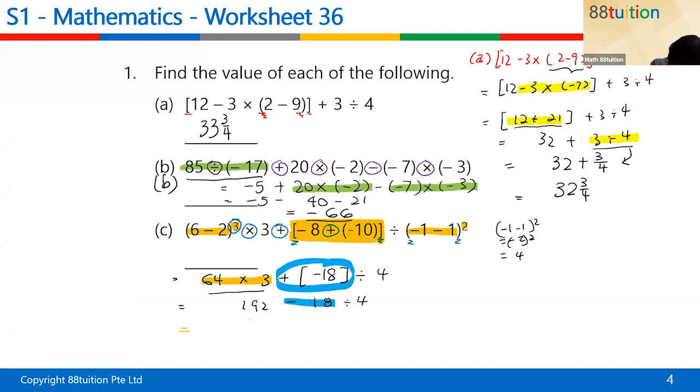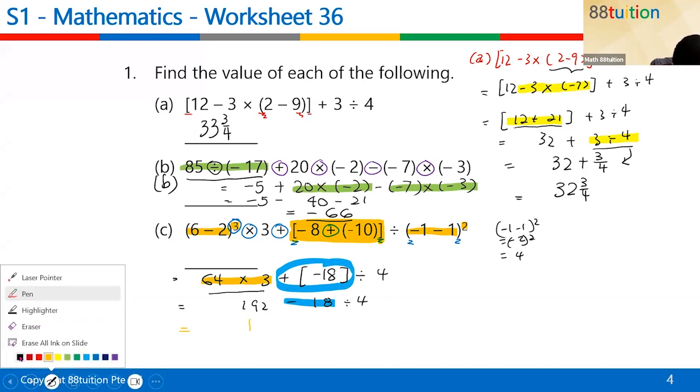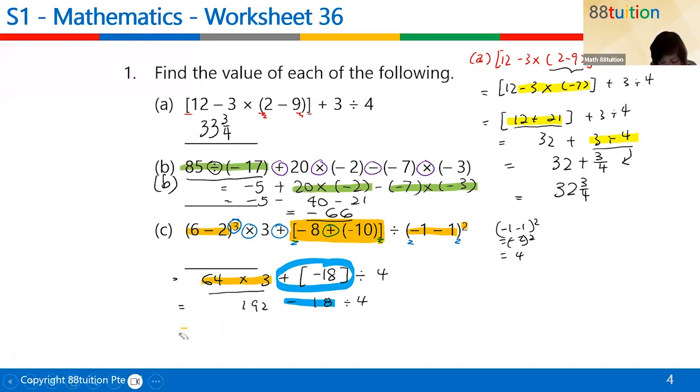So then after that, I have 192 minus 18 out of 4. So if I have 18 out of 4, it will be 9 out of 2.